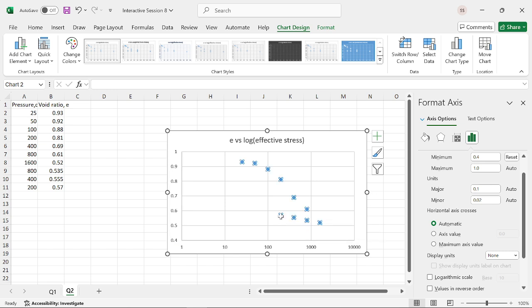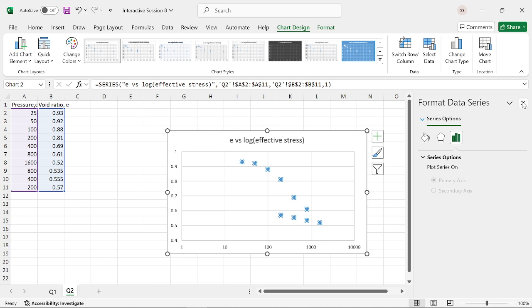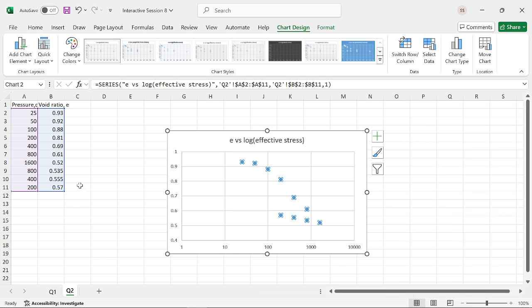Actually, what I should have done is I should have taken two plots.